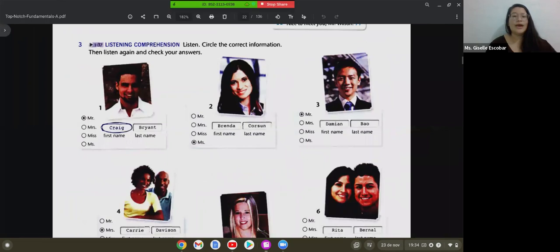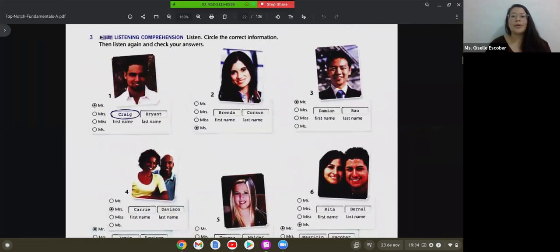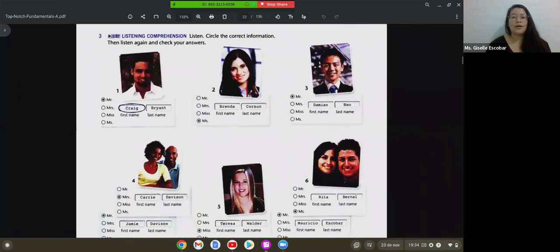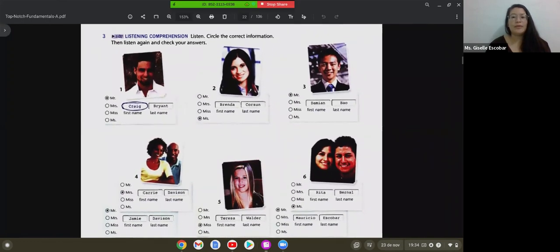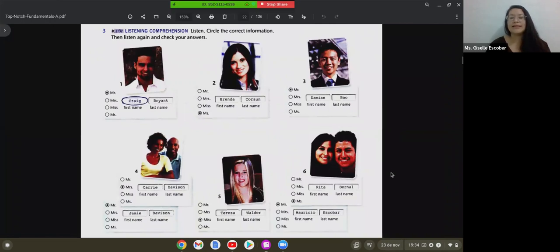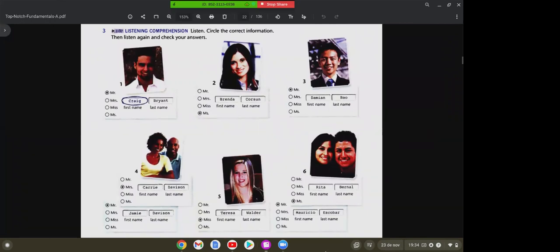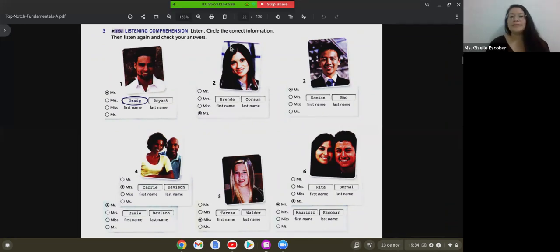So we have here a listening comprehension. Are you able to read? ¿Ven bien las letras? ¿Alcanzan a leer? Yes, teacher. Awesome. Okay, so we have a listening comprehension. It says, listen, circle the correct information, then listen again and check your answers. So if you have a pen or a pencil and a piece of paper or a notebook, you can write your answers.